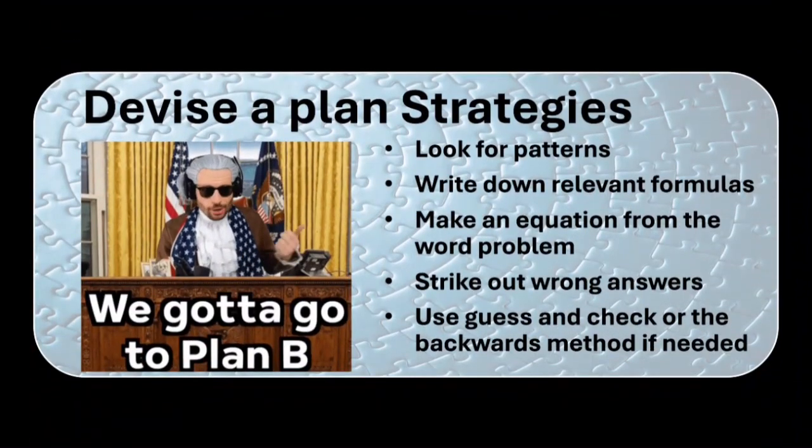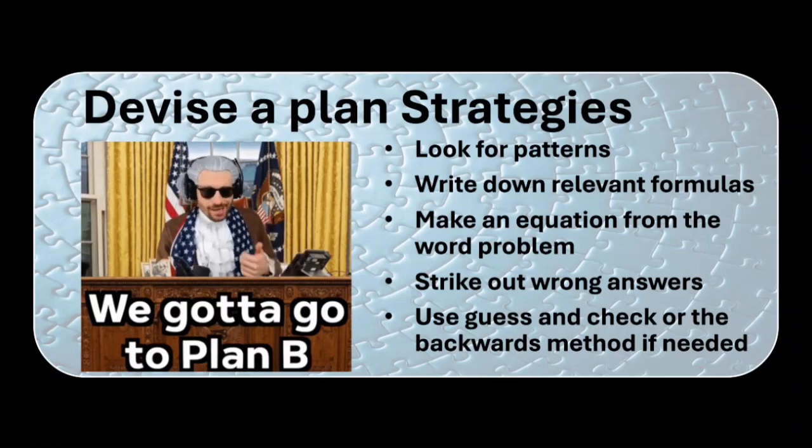All right, some strategies for devising a plan. You need to look for patterns in the question, or maybe in some of the results you're finding. There can be patterns in that as well. You can write down relevant formulas. That can be for any type of problem.